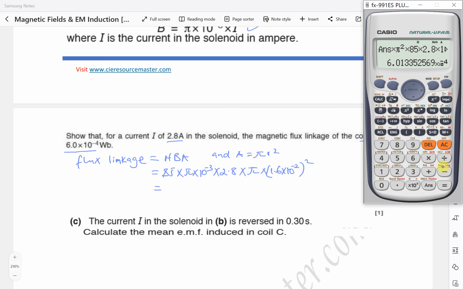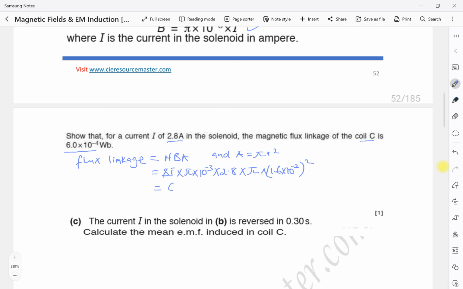So I'm getting 6.0 times 10 to the power of minus 4. But the examiner always wants to see the answer which rounds off to what has been given. So this is 6.013 times 10 to the power of minus 4 weber, which rounds off to 6.0 times 10 to the power of minus 4 weber.